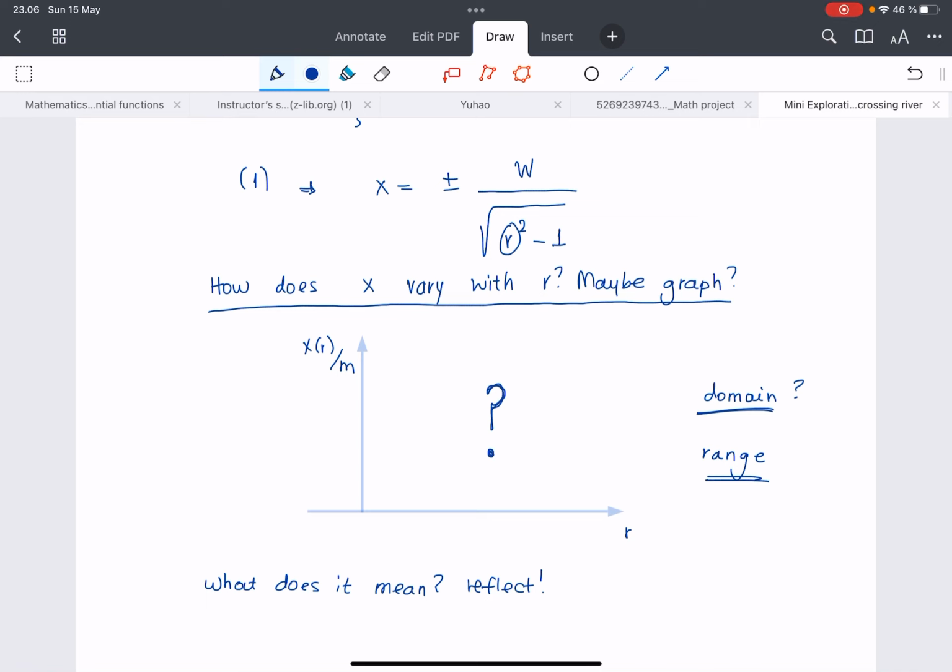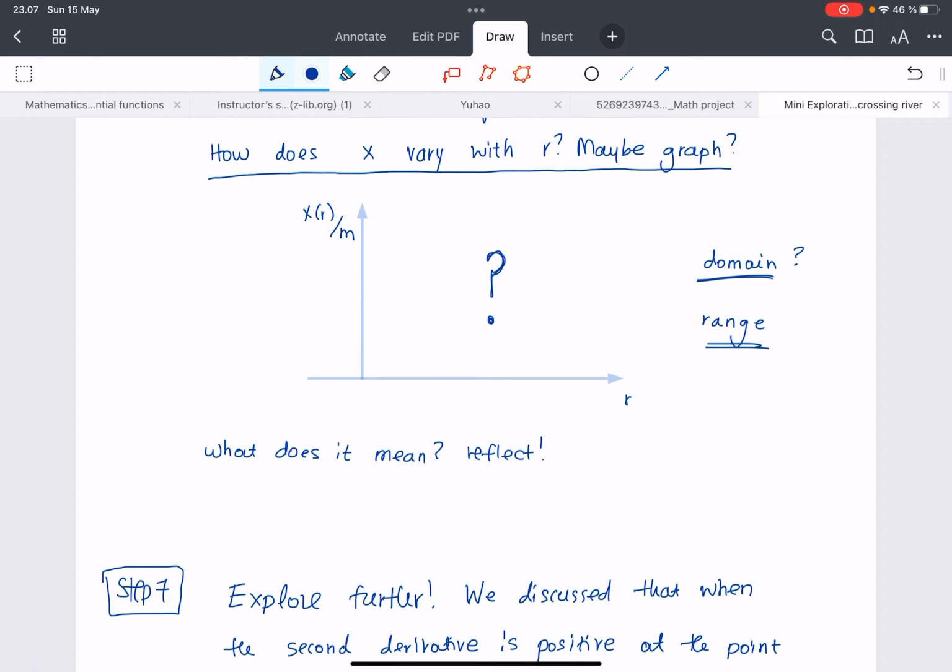You can see here r cannot be a number less than 1, because if that's the case, you will end up with a square root that has a negative number underneath, and that's not allowed. So you have to really reflect here to explain what happens mathematically, but also what this means in a physical context. So what does it mean?